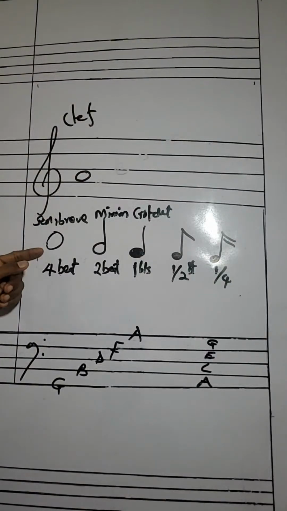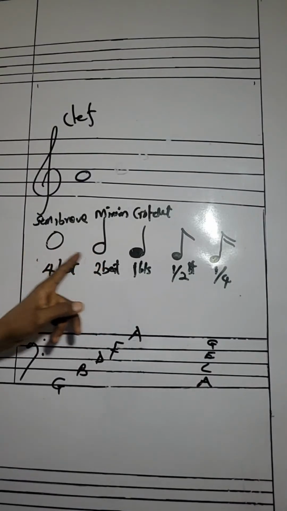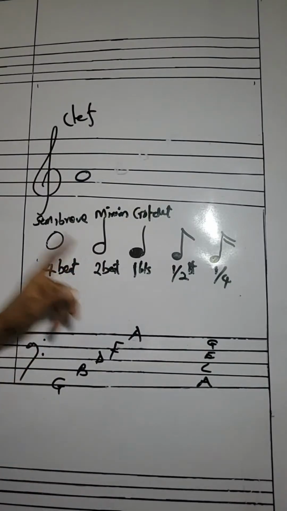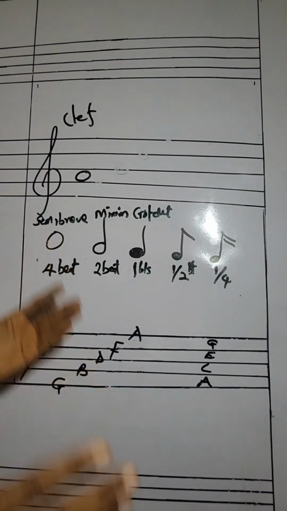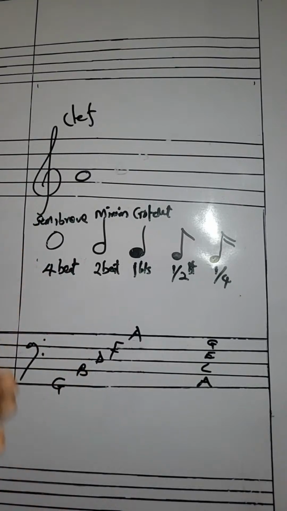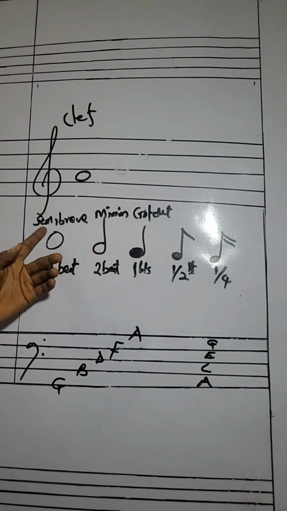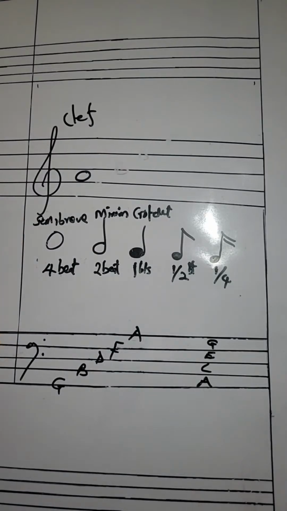So if semibreve is 4 counts, your minim is half the value of the semibreve. Your minim then takes 2 counts. So if I'm counting minim, 1, 2, 3, 4. If I'm counting semibreve, 1, 2, 3, 4, my minim becomes 1, 2, 3, 4.